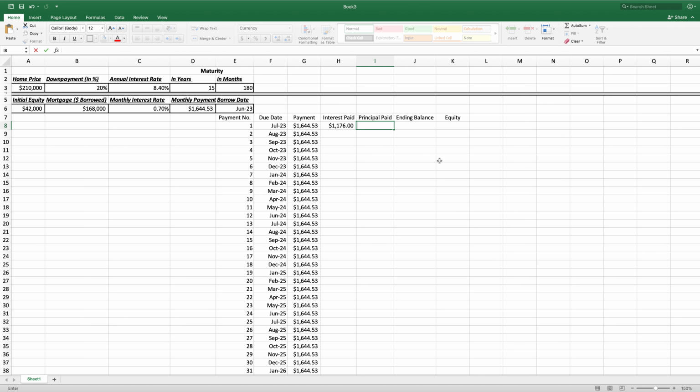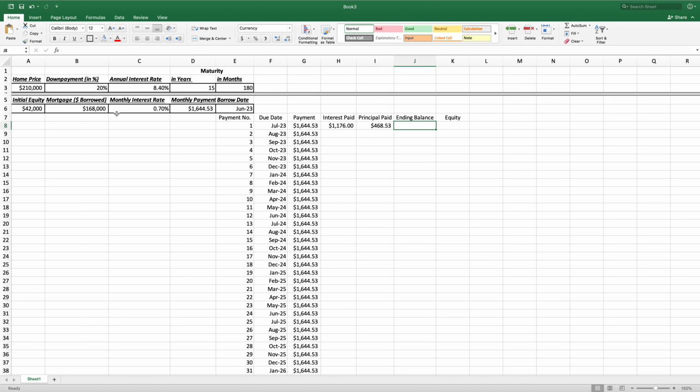And of course, we take our payment and subtract the interest paid. So I'll do equal sign, click the payment corresponding to that period, do minus, and then click the interest paid for that one. And that means, as we saw before, we got $468.53 in principal paid. So we started off with a balance of $168,000.